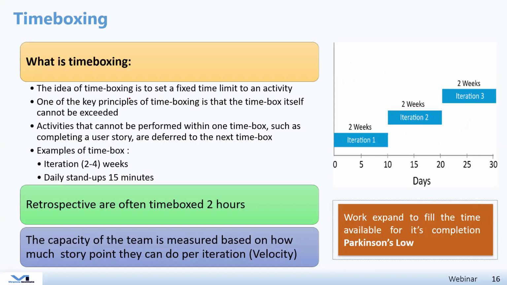The idea here is that you dedicate a fixed time to limit yourself to finish an activity. Usually examples of time boxes could be the iteration of a certain phase of between 2 to 4 weeks and the daily stand-up meetings that you have with the project teams for 15 minutes. So time boxing is basically the fixed duration of certain activities that you finish.